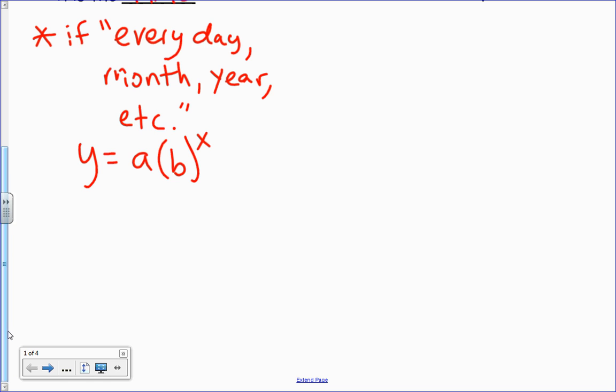Because in that case, every day, every month, every year, your t value would be 1. Okay? And anything divided by 1 is whatever's on the top of the fraction.